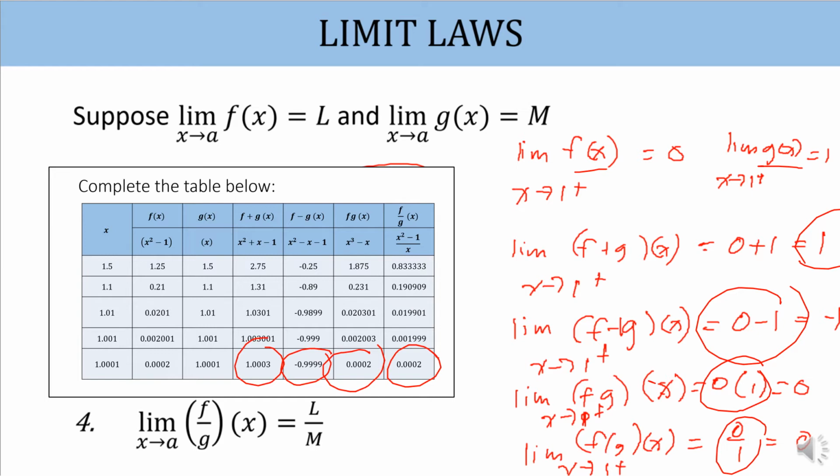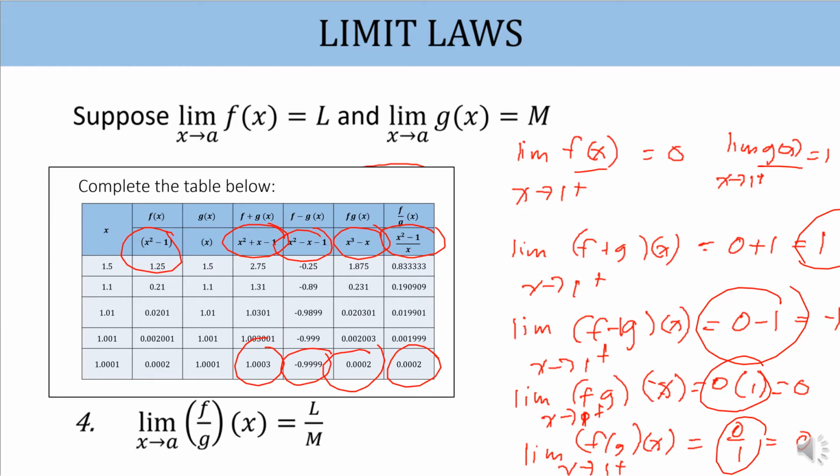So therefore, there's no need to find the limits of a more complicated function by using table values or by graphing. You just need to find chunks of it, like addition or subtraction or multiplication of it, and put it in a simpler manner, and you'll be able to find the limits easier.